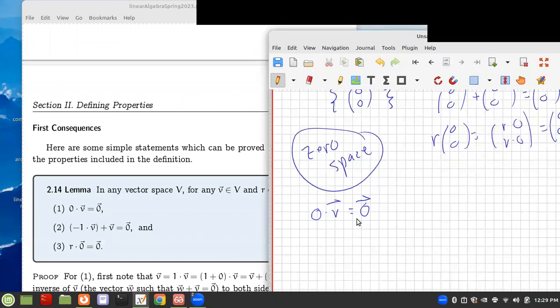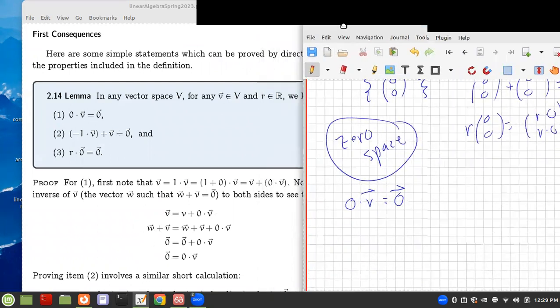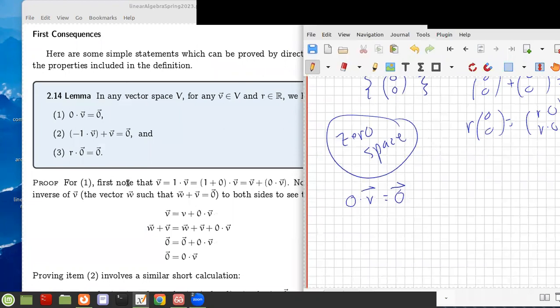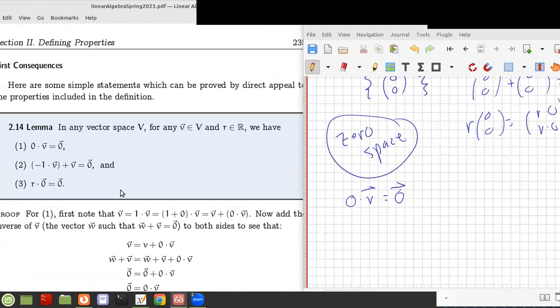We know it's true for particular forms, but the game you're playing in this proof is to show this is true just from the properties. And you can see in this little proof that you start from any vector v equals 1 times v. That's one of those special properties.